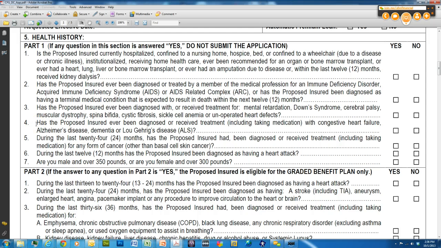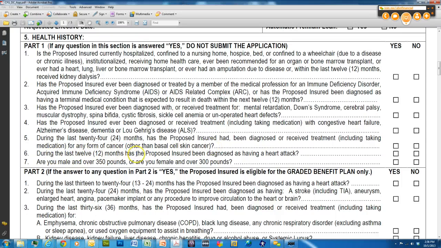Number 4, has a proposed insured ever been diagnosed or received treatment? And notice here, treatment includes taking medication for congestive heart failure, Alzheimer's disease, dementia, Lou Gehrig's disease. During the last 24 months, has a proposed insured been diagnosed or received treatment, again including taking medication for any form of cancer other than basal cell skin cancer.